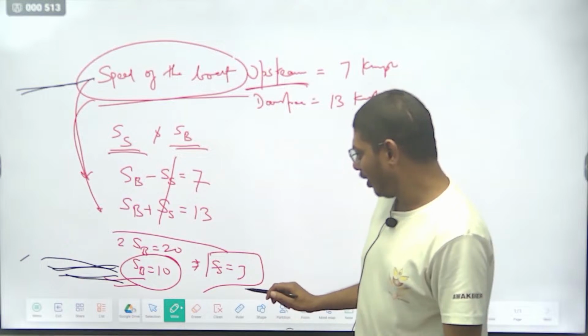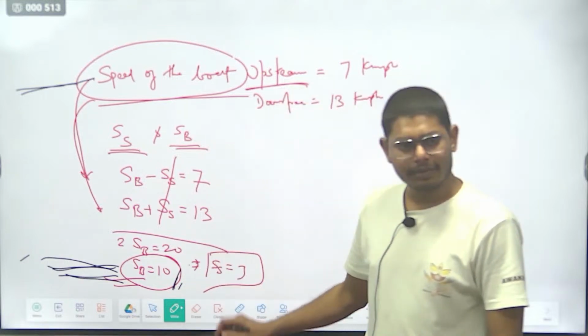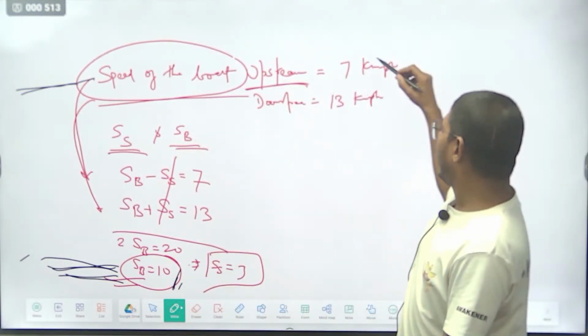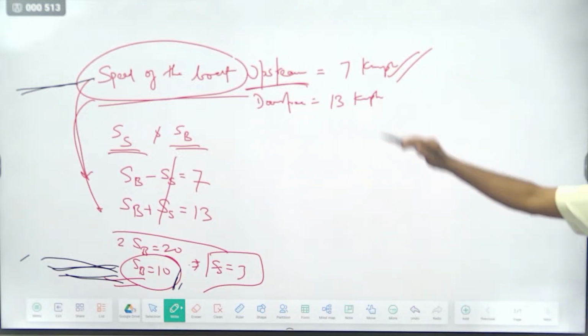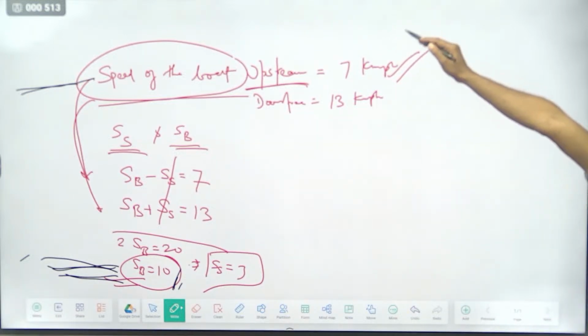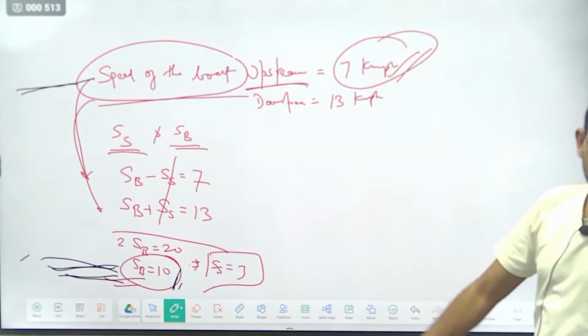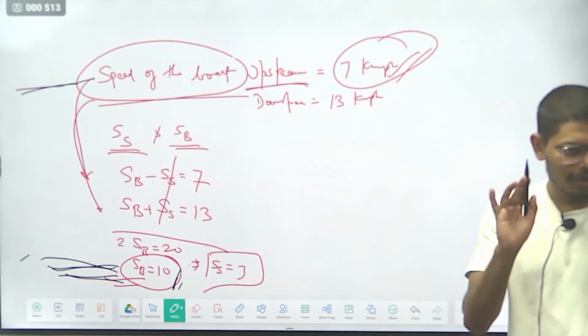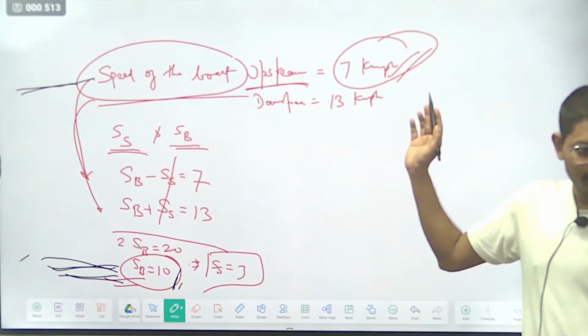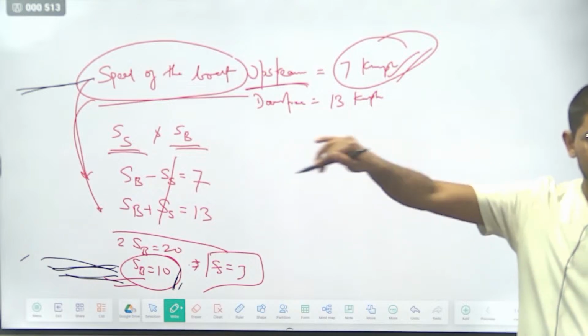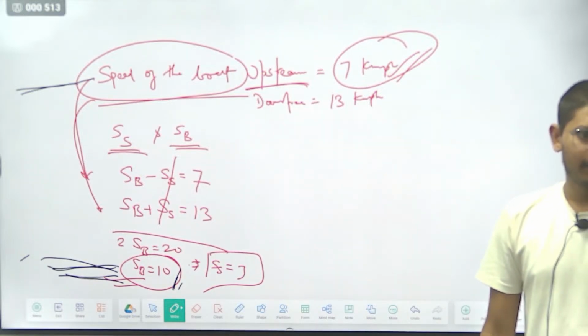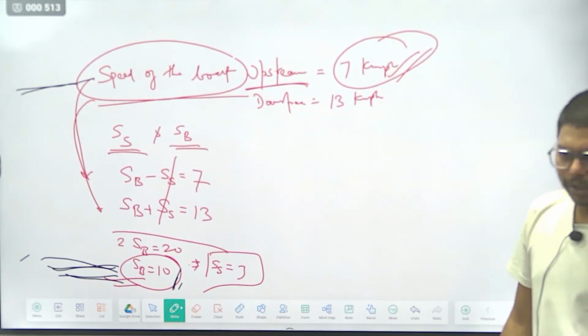This 10 is only the boat. Over here it is the boat minus the stream. The stream has 3 kmph speed, which has got reduced. The stream was acting in the opposite direction. You do not get it?